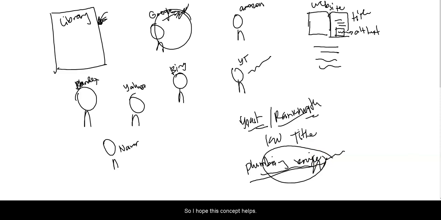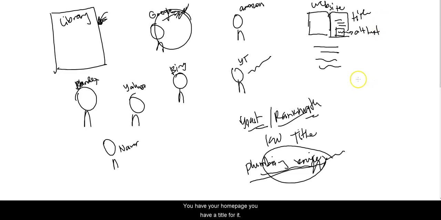I hope this concept helps. Of course, there's a lot more to discuss about this, but in general, at least you now know how Google looks at a website and why Yoast and Rank Math have such recommendations. The concept is basically to look at your website as if it's a book.